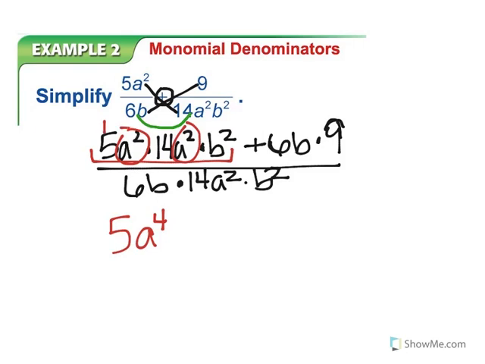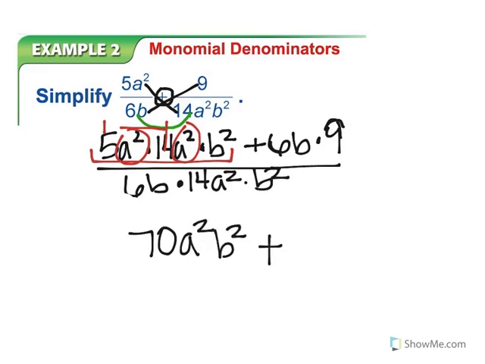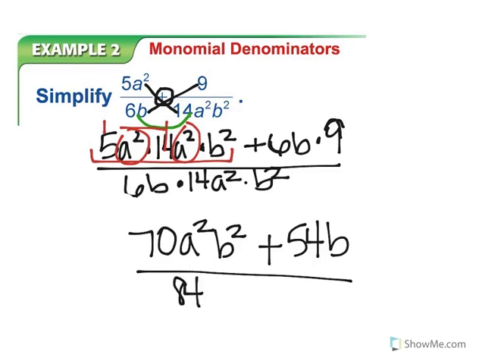Let's see, we need to take the 5 and the 14 and multiply them, so that actually gives us 70, so we have 70a squared b squared, plus we have 9 times 6, which is 54b, divided by, we have 6 times 14, which is 84. We have a squared, and it looks like we have 3 b's.